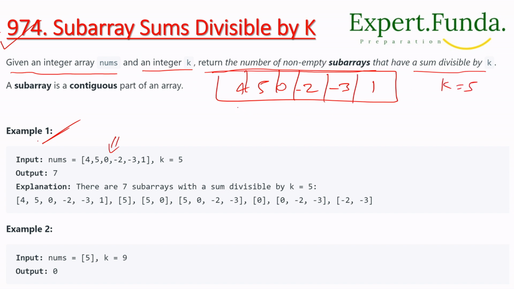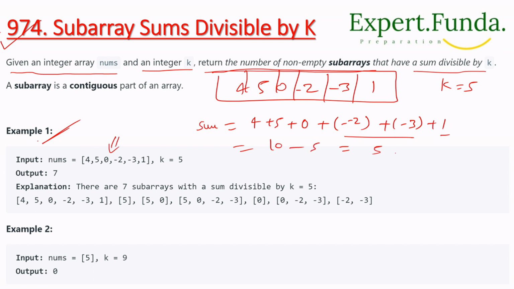Now if we do the sum, let's do 4 plus 5 plus 0 plus -2 plus -3 plus 1, right? So I'm taking the sum of all these elements. Now this is 4 plus 5 is 9, and there is one more positive number, so it is 10, and all the negatives make -5, so it will come to 5.